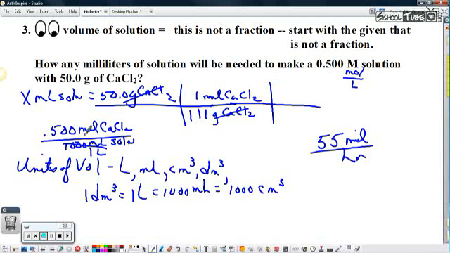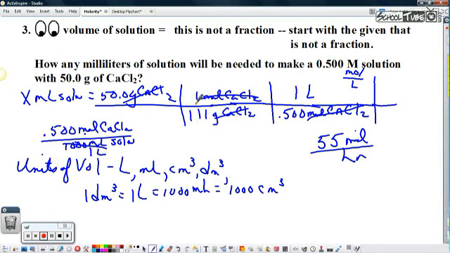All right, so I'm going to put 0.500 moles of CaCl2 and 1 liter on the top. But that means, am I through with my question? No, you have to change that liter to what am I looking for? Milliliters. Milliliters, and what do I have? Liters.